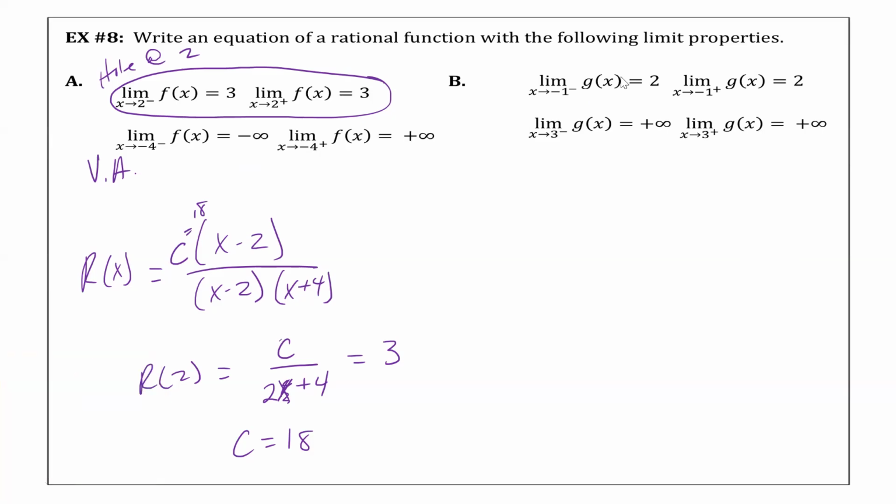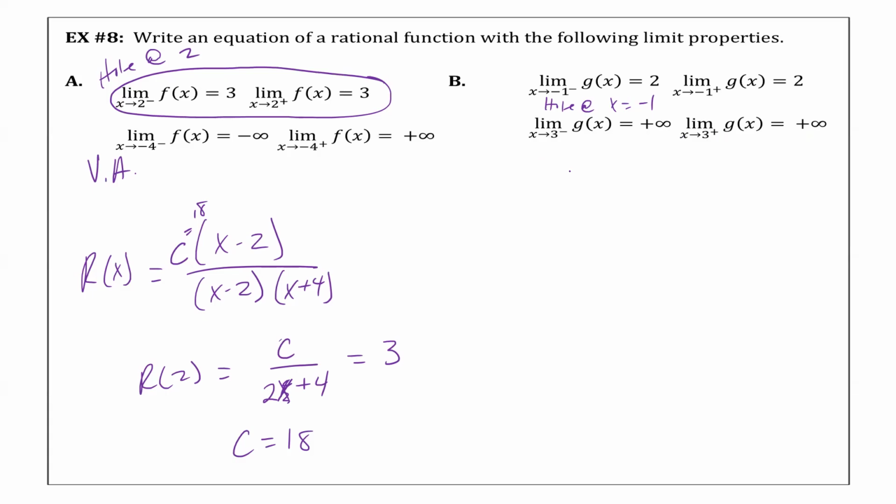Over here, we know that we have a hole at -1. So at -1, it's going to 2. So this is a hole at x equals -1. Here we have the limit as x goes to 3 from the left of g of x is positive infinity, and the limit as x goes to 3 from the right of g of x is positive infinity.